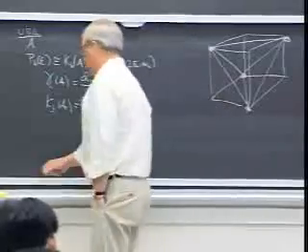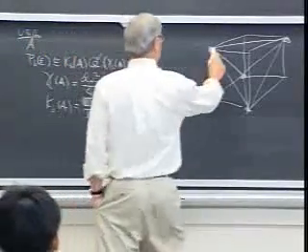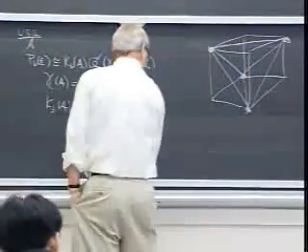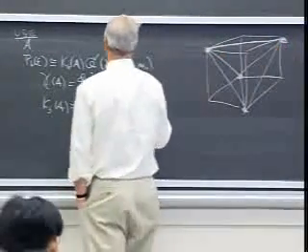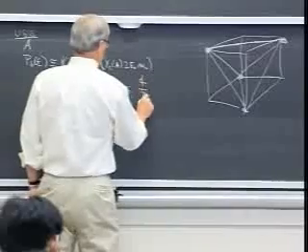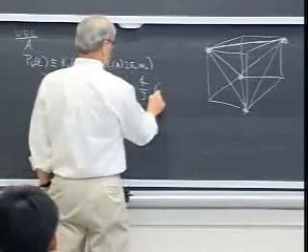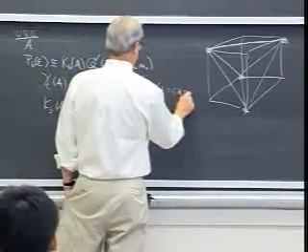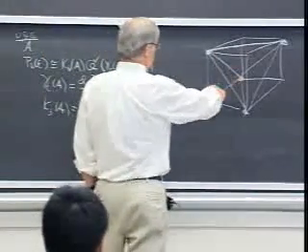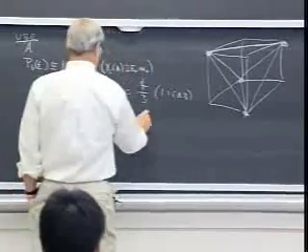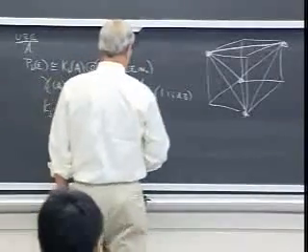Maybe I should do that in a different color. Anyway, you know this quite well by now, and if we do that, we find that normalizing everything, this is 4 over 3, or 1.25 dB, and every point has 3 nearest neighbors, and we're sending 2 bits, so this is 3 over 2.